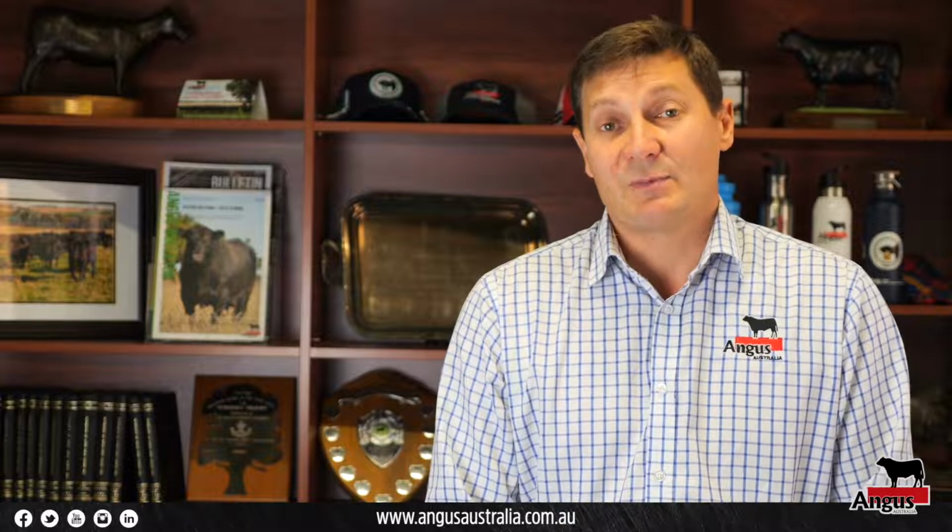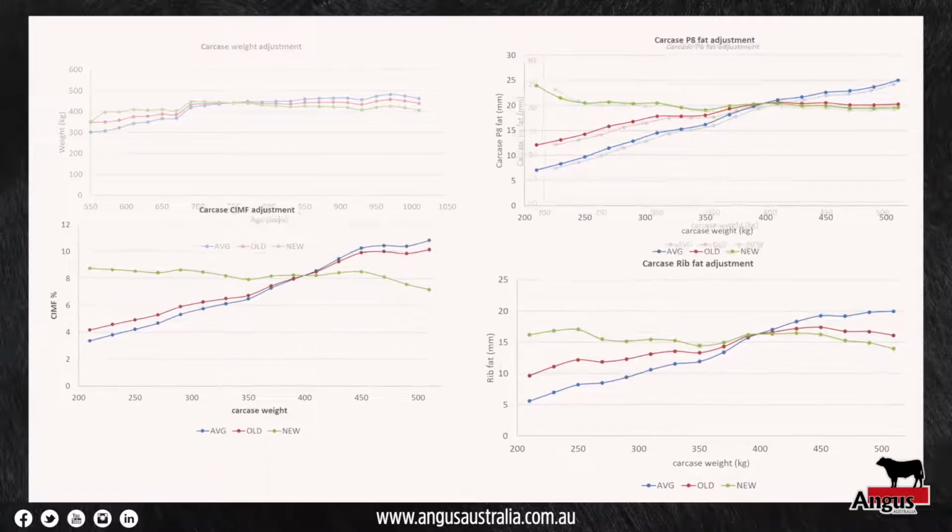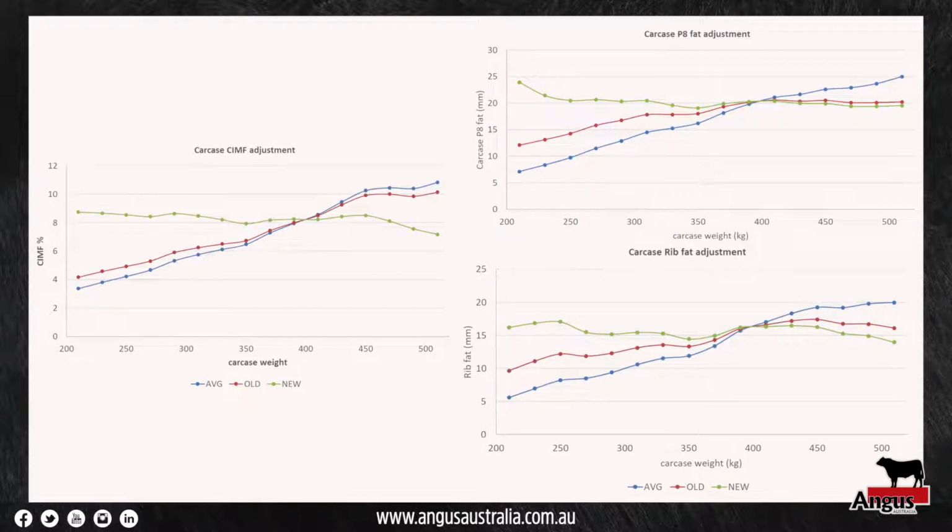If we look at the adjustment factors first, on this screen we've just got 4 different graphs reflecting the adjustment factors which are utilised for the abattoir carcass traits. On each of those graphs we have 3 different lines. The blue line, first of all, is just the raw performance information. For IMF and rib and rump fat, we can see that as a carcass gets heavier, we get an increase in either the amount of fat or the amount of IMF within the carcass.